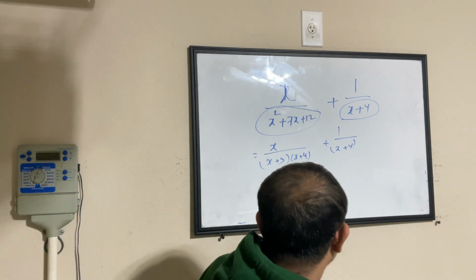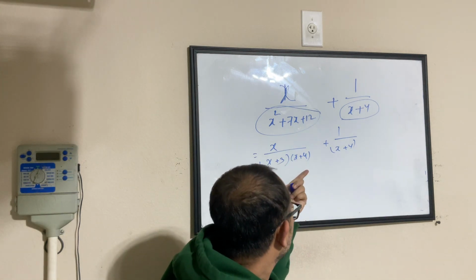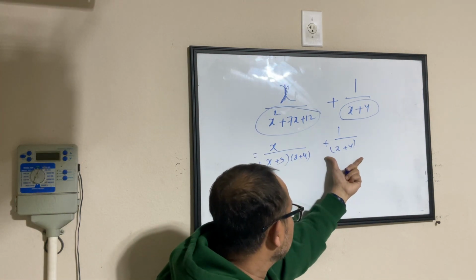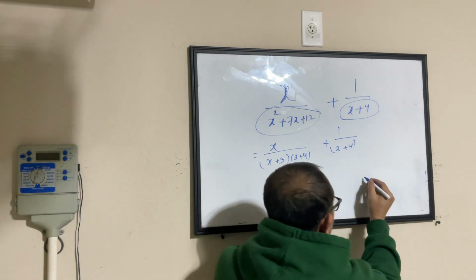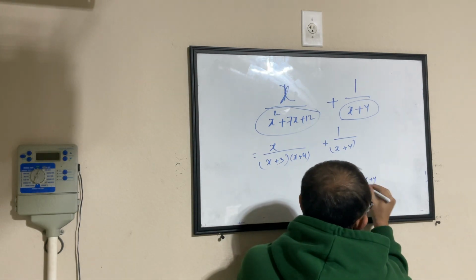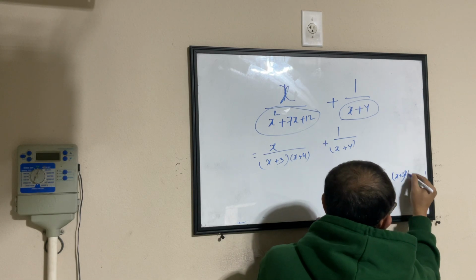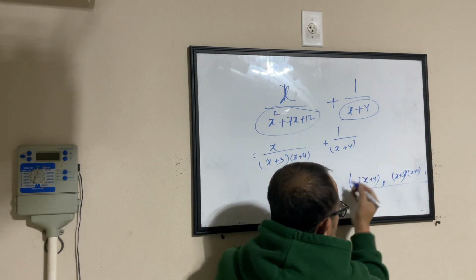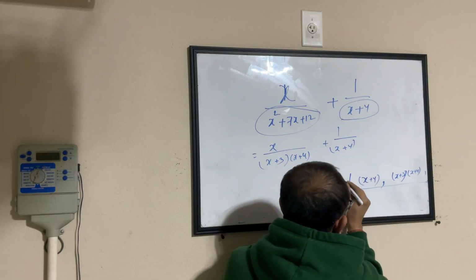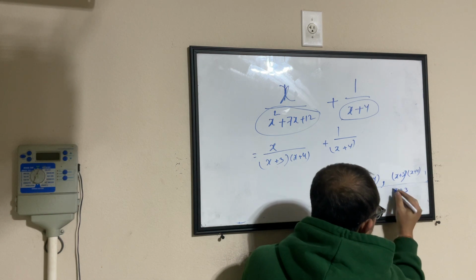Alright, so now it's like adding two fractions. That's what we are trying to do. This is your denominator, this is your denominator. First thing you have to do is find out the LCM of this and this. So we're trying to find the LCM of x plus 4 and x plus 3 times x plus 4. So we'll pick the common thing out, x plus 4, it becomes 1, and then x plus 3.